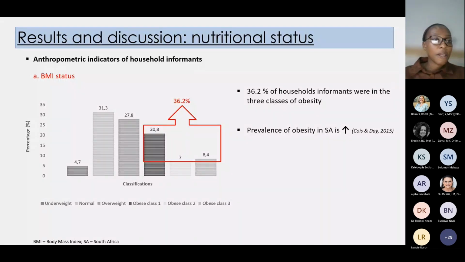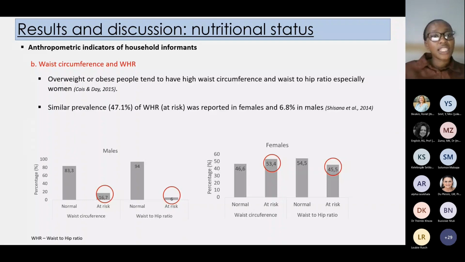So the second one, under the anthropometric indicators, is the waist circumference and the waist to hip ratio. Looking into the 2 graphs here, this is males and these ones are females.